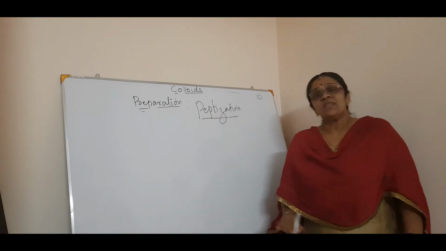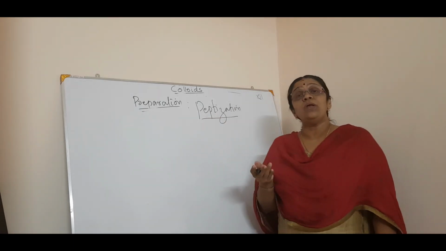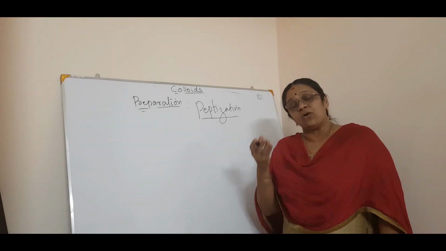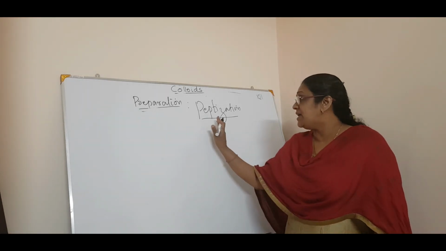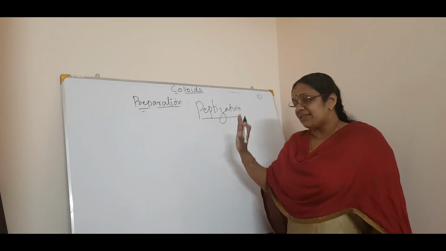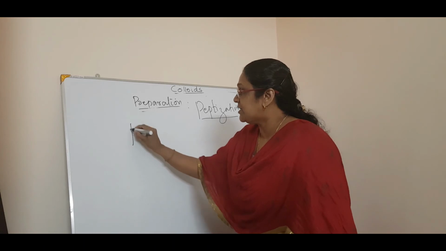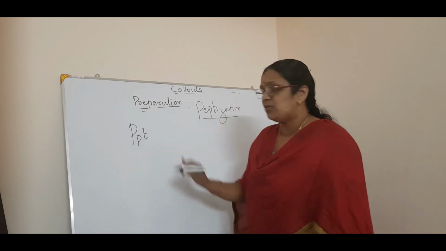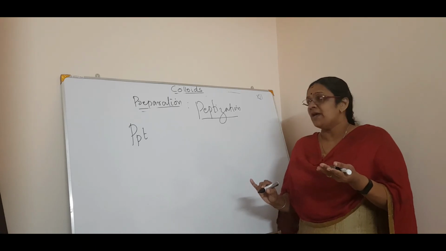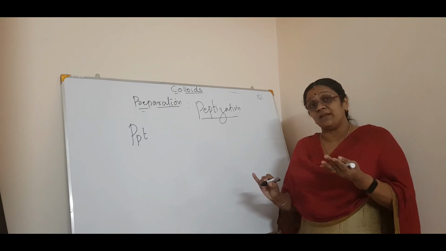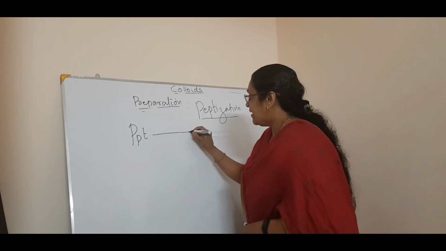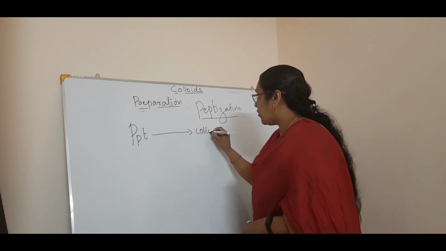Now what is peptization, or how will you prepare a colloid by means of peptization? It is nothing but the conversion of a precipitate. You know a precipitate, right? You have seen a precipitate also. So, to be more precise, it is the conversion of a freshly prepared precipitate into a colloid.